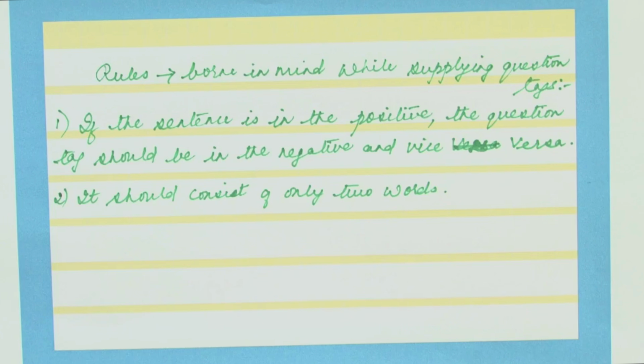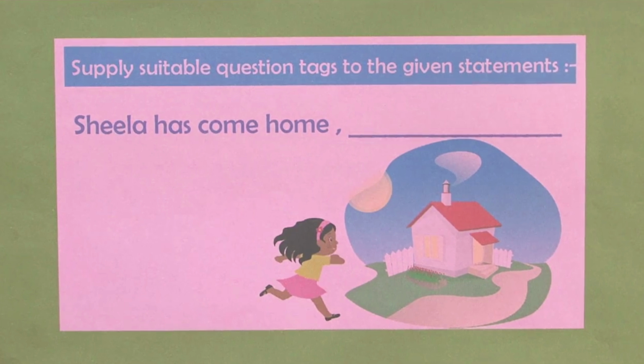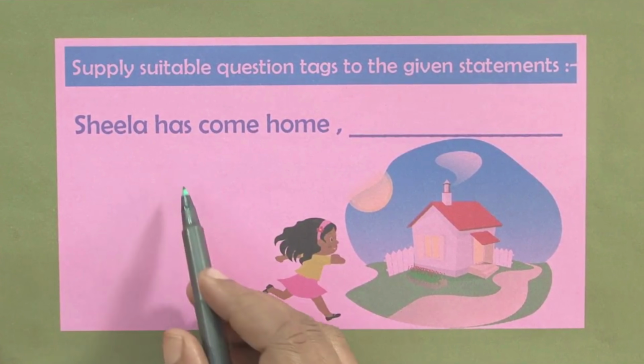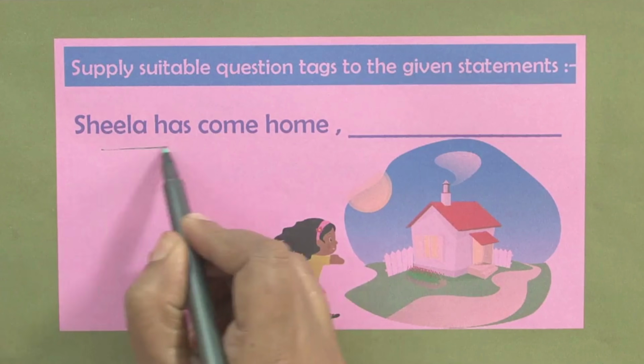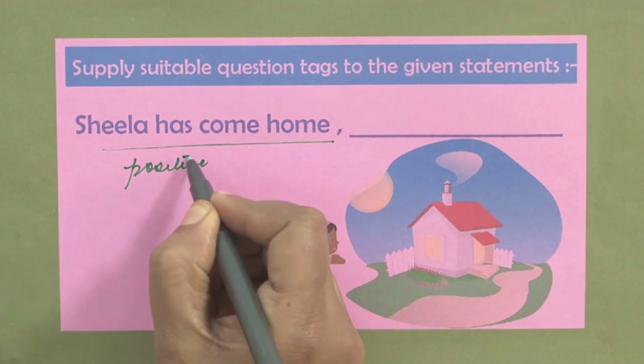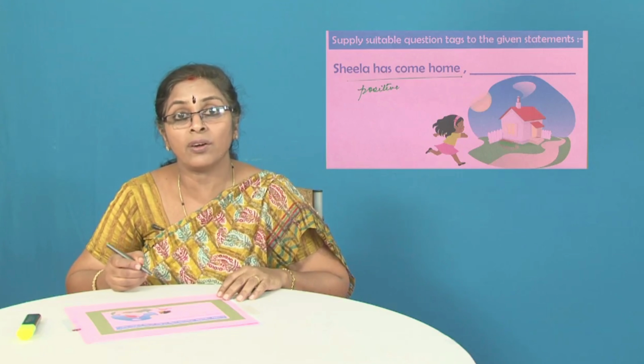Let's move on to the next sentence. Sheila has come home. I repeat, Sheila has come home. Now, Sheila has come home is in the positive. You agree with me? Why do I say it is positive? Because there is no word called not or never or none.